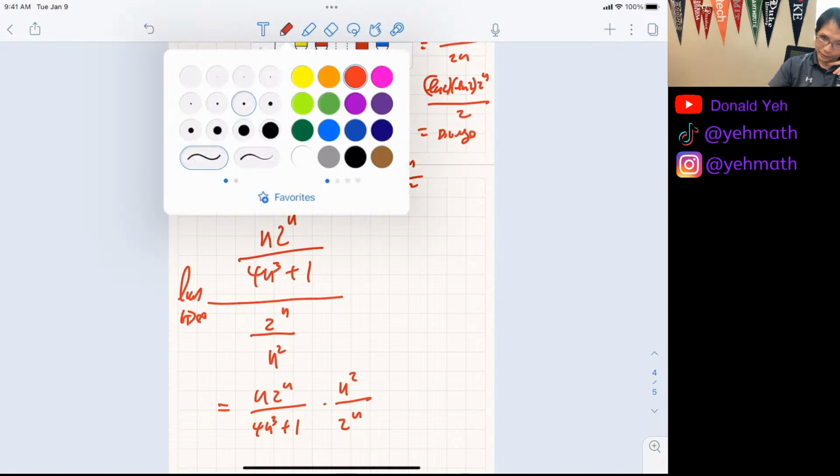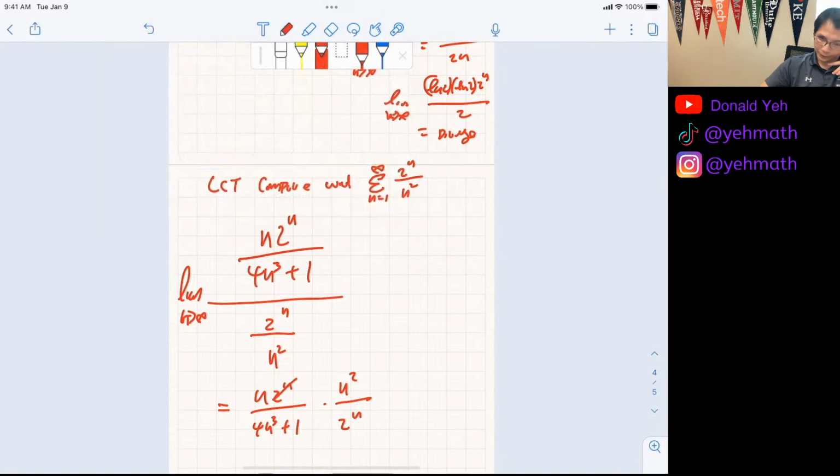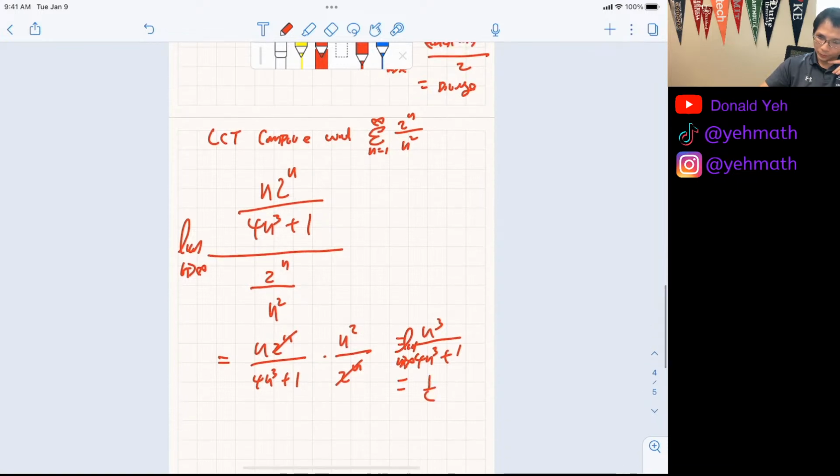The nice thing is this will simplify down very nicely. So it'll be n cubed over 4n cubed plus 1. If the limit as n approaches infinity, what am I going to get? 1/4. Therefore it diverges, because the other one diverges, this one diverges.